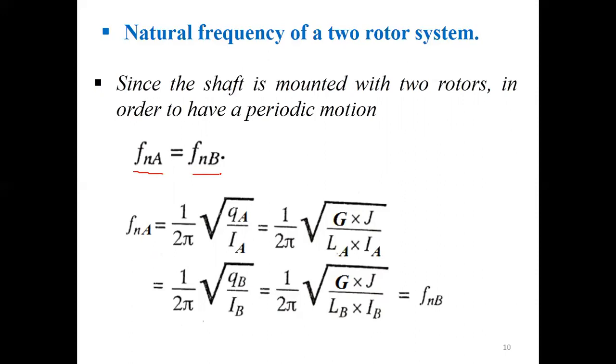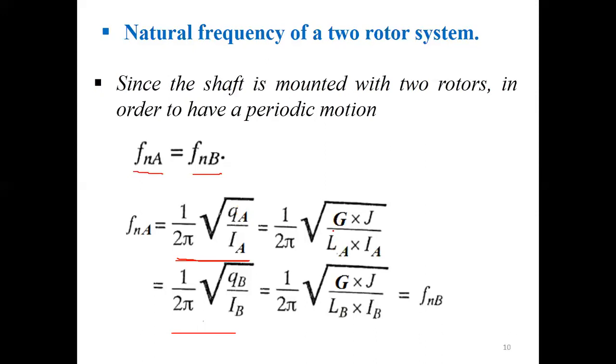So what is FNA and FNB of a single rotor system? You know that the natural frequency of a single rotor system is 1 by 2 pi into square root of Q by I, torsional stiffness by mass moment of inertia. So if you write the equation for rotor A and for rotor B, and equate these two terms, you can replace the torsional stiffness by GJ by L, according to the torsion equation.